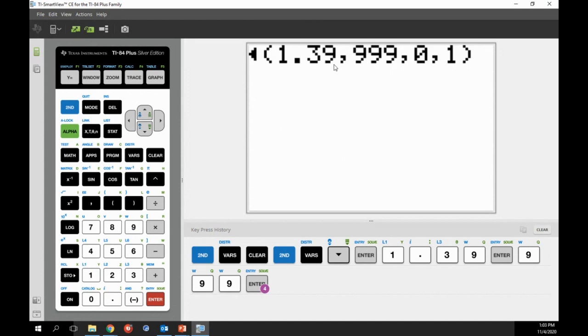Now, if yours took you to the home screen from the get-go and didn't even bring you to that screen, then you would enter in exactly what we have there with the commas. And the comma is above the 7. Once you get that, let's hit enter.